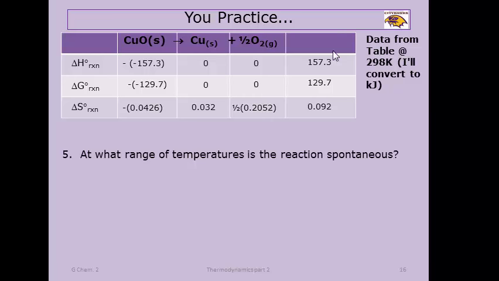So let's walk through this again. Remember, as things stand right from the beginning, at 298, we know that it's non-spontaneous. So that would kind of answer the question already, but we can walk through this and think it out and go, okay, well, my heat of reaction is not favorable to spontaneity. It's endothermic.